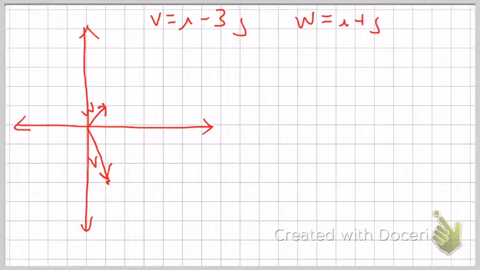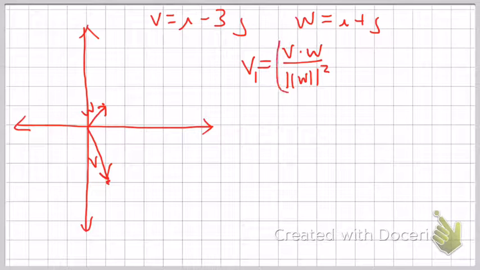And so, using our theorem here, we can find the component of V that is parallel to W by taking the dot product of V and W and dividing that by the magnitude of W squared.